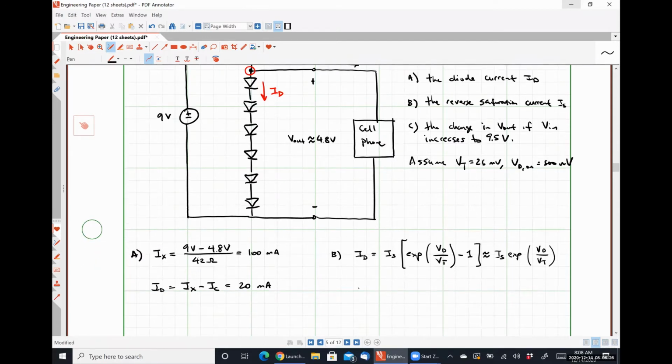All right, so from this, I can see that IS is then going to be 20 milliamps divided by e to the 800 over 26, which I get to be 8.672 times 10 to the minus 16 amperes.